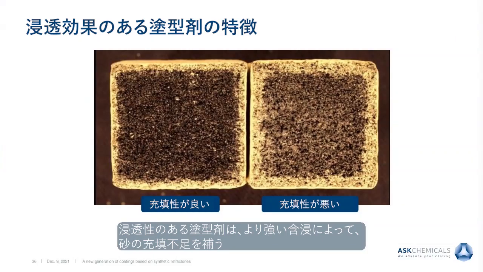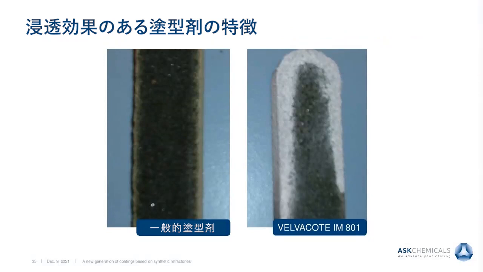How to maintain quality? Certainly, the impregnation coating is an interesting feature. As you see on the left picture, a conventional coating only soaks into the voids, let's say 1 or 2 millimeters, whereas an impregnation coating, depending on the viscosity, soaks in 5 to 20 millimeters.